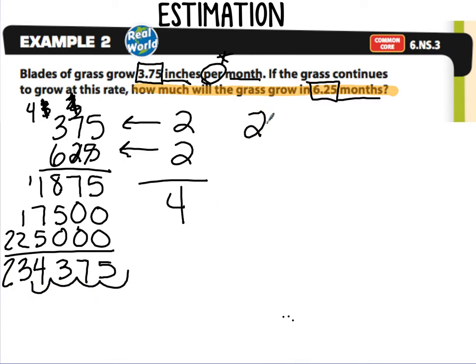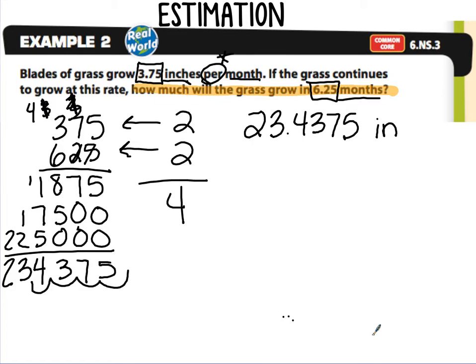So the grass would grow 23 and 4,375 10,000ths inches in 6 and 25 of a month.